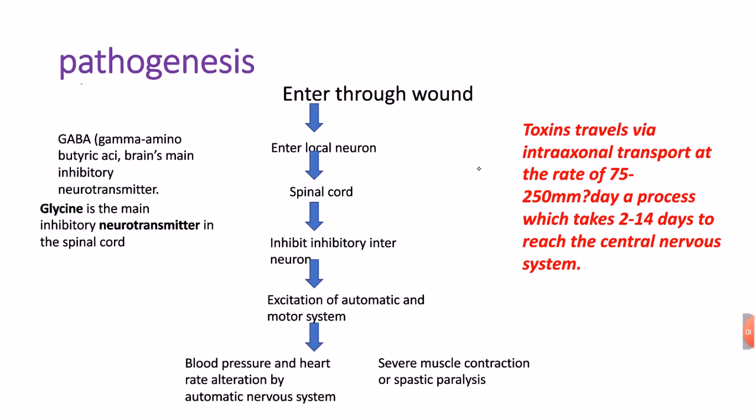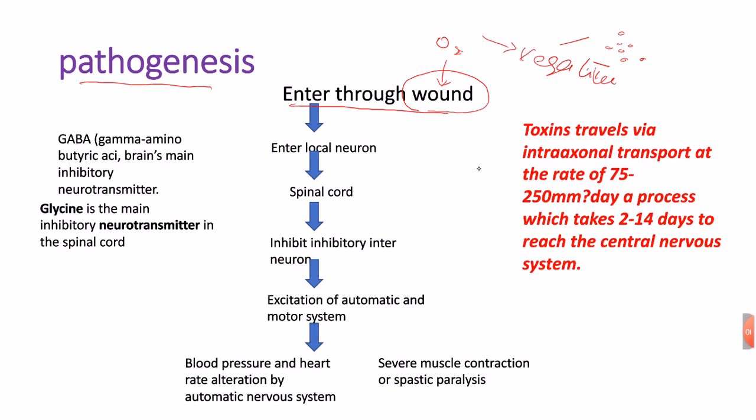The pathogenesis is depicted over here. They enter through the wound, because in the wound there is an absence of oxygen, and therefore they can germinate there very easily. That is the reason they germinate there. They convert into the vegetative form, and they spread their toxins by lysing.